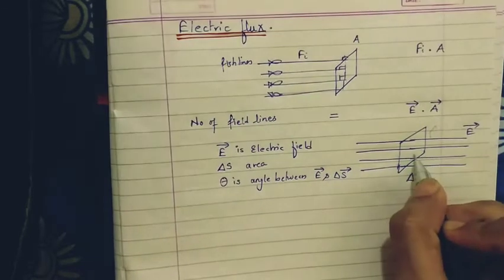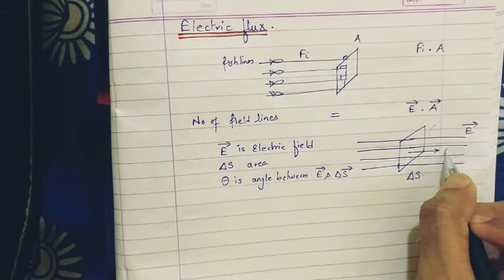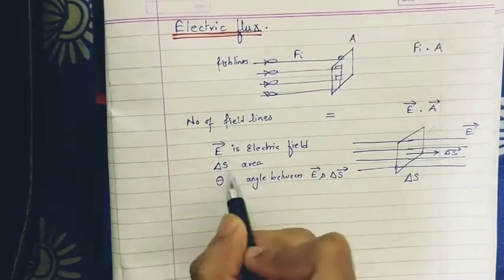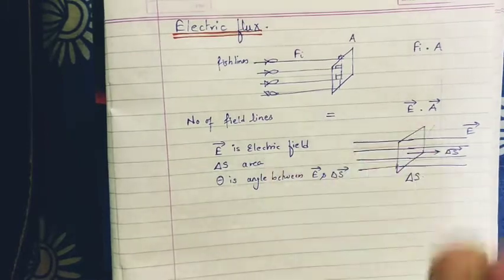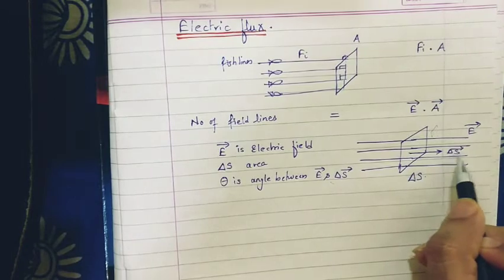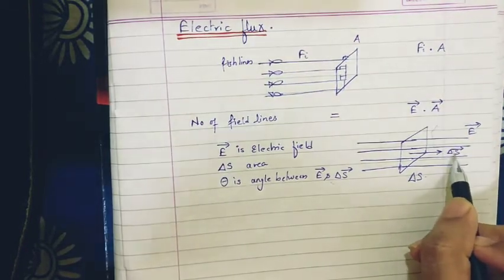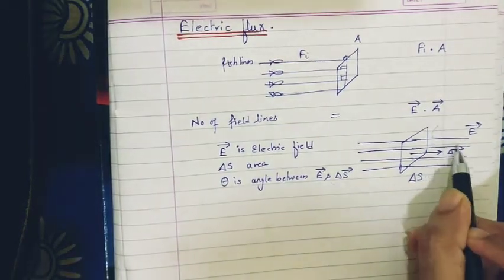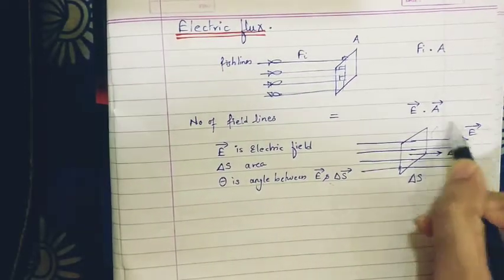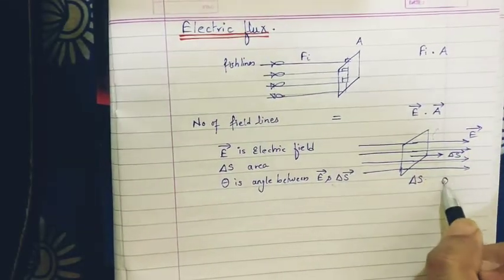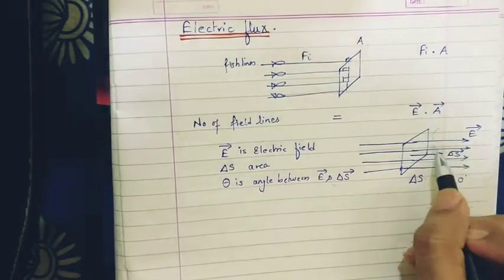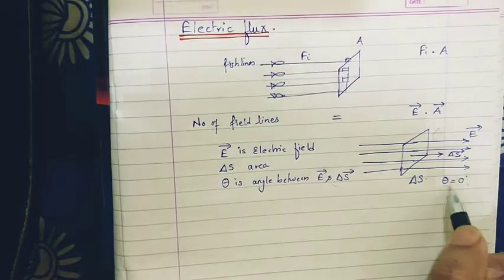So it is going to be perpendicular to the surface, that is, this is going to be your area vector delta S. This is nothing but the area, that is the numerical value. But when I say delta S vector, it has a direction, so it is going to be this way. So let us consider that theta is the angle between delta S and E. E's direction is this. So in this particular scenario, theta is going to be 0 because they are parallel to each other. So the angle between E and delta S is 0 in this case.